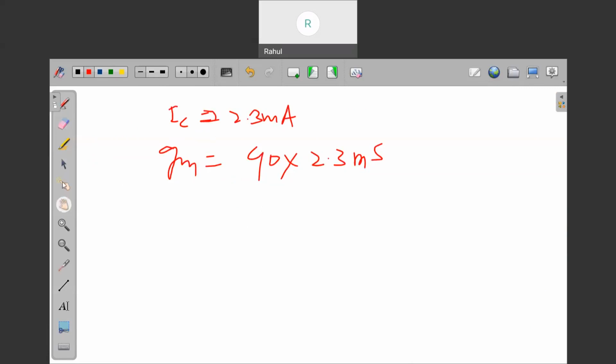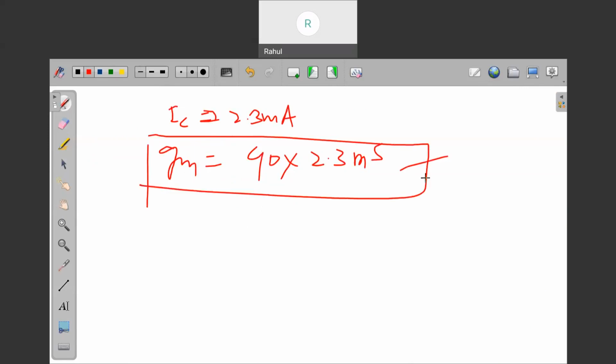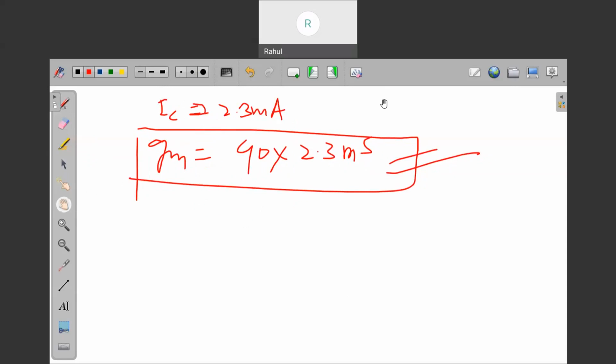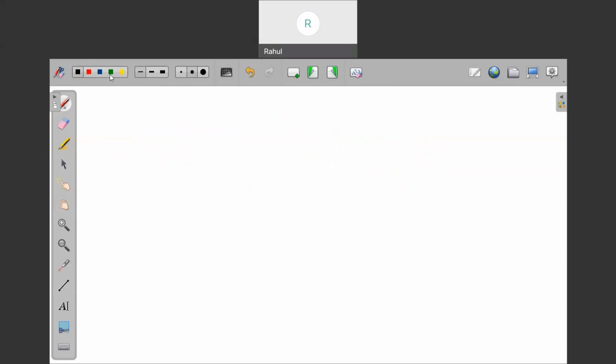Now, what shall be the gain of this transistor? Because IC we have got, and GM we have got. So let me write the gain for that transistor.